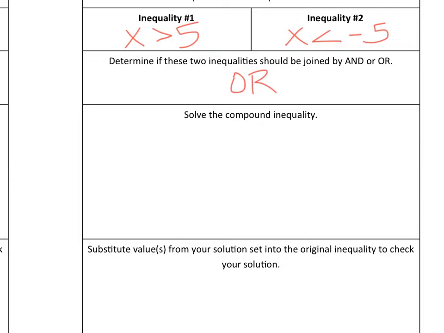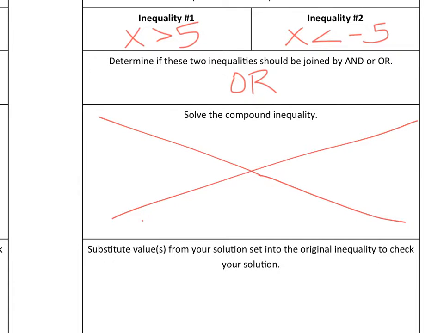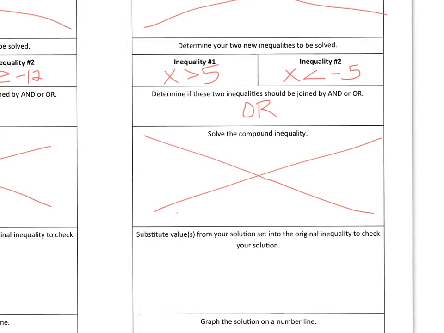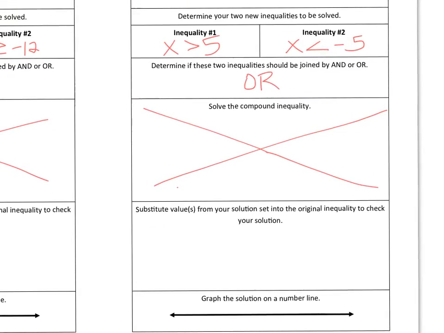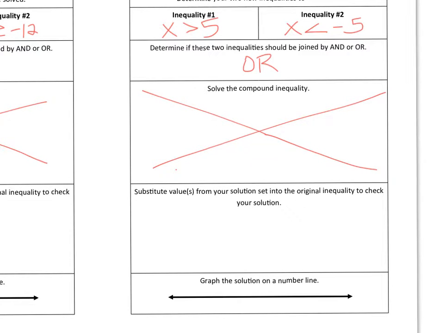These inequalities already have your variable by themselves, so I'm not going to worry about solving them. And then my last step is to graph them. So x is greater than 5.